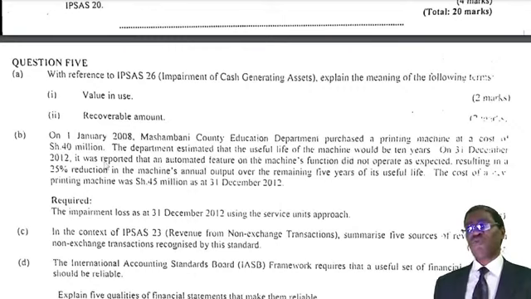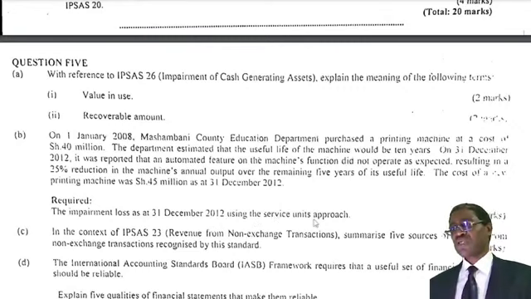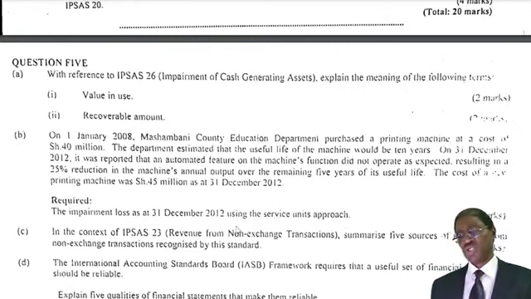The cost of a new printing machine was shillings 45 million as at 31st December 2012. Required: compute the impairment loss as at 31st December 2012 using the service units approach.